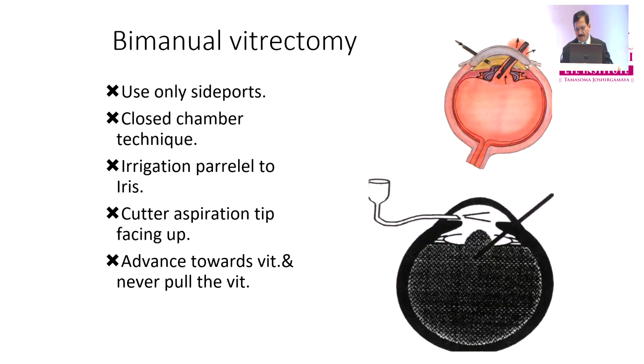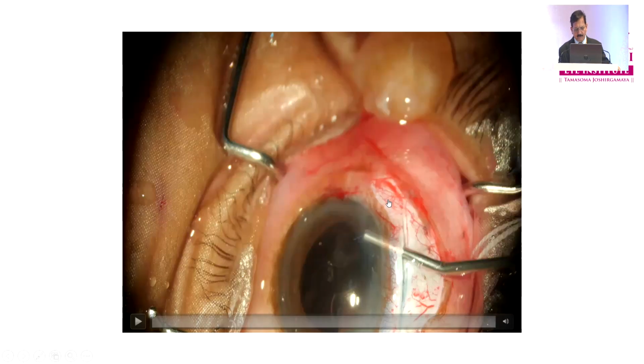And then the vitrector with the port facing up should go beyond the posterior capsule, so that it draws all the vitreous that is there. And always you should advance towards the retina, to avoid traction when you do this.